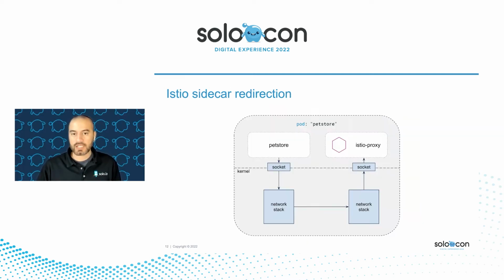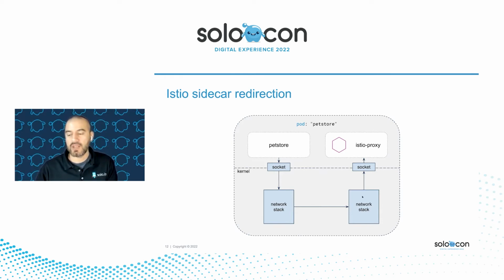So if you look at that zoomed out, you have your pet store application in this case, and you have your Istio proxy. If some traffic were to leave the pet store app, maybe talking to another service, it would use a socket and send out a packet. Then the network stack, which has everything in the Linux kernel related to networking, comes into play, the IP tables rule is applied, and that packet would be redirected to this socket on the Envoy proxy.